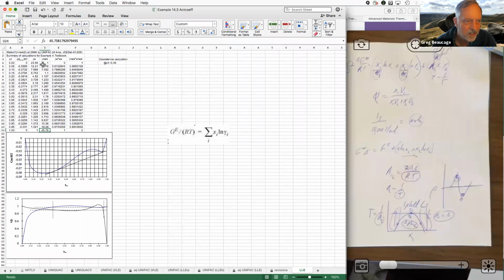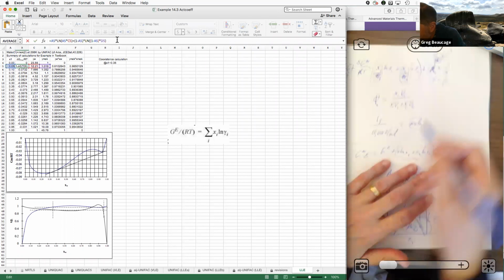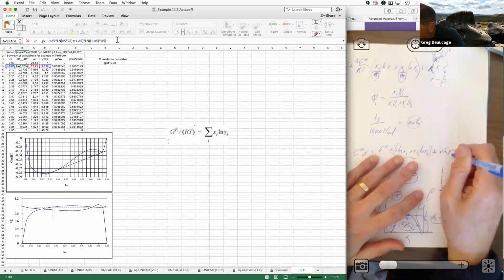And then once you have the gammas and you know the x's, then you can calculate the Gibbs free energy of mixing, which is going to be this term plus x1 ln gamma 1, right, plus x2 ln gamma 2.